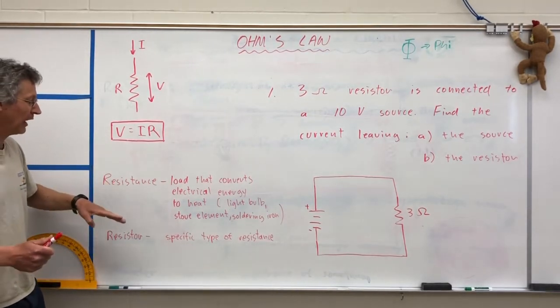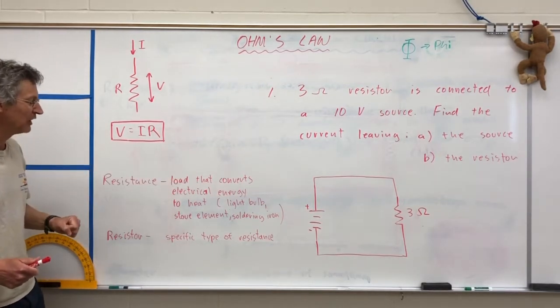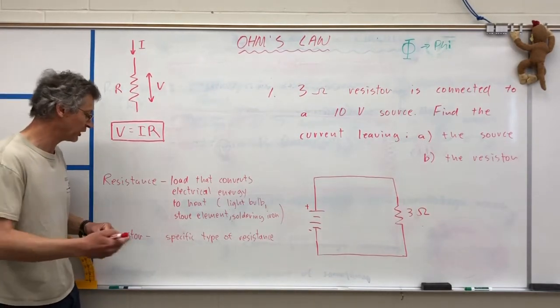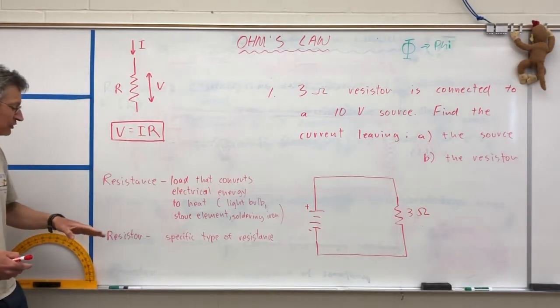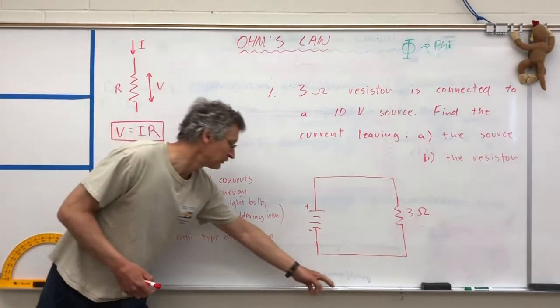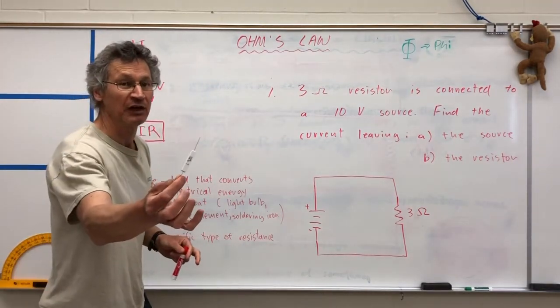A resistance, and we've talked about this before, is a load that converts electrical energy to heat, like for example a light bulb, a stove element, a soldering iron. A resistor is a specific type of resistance. A resistor is one of these things, okay? Like was used in the lab yesterday.